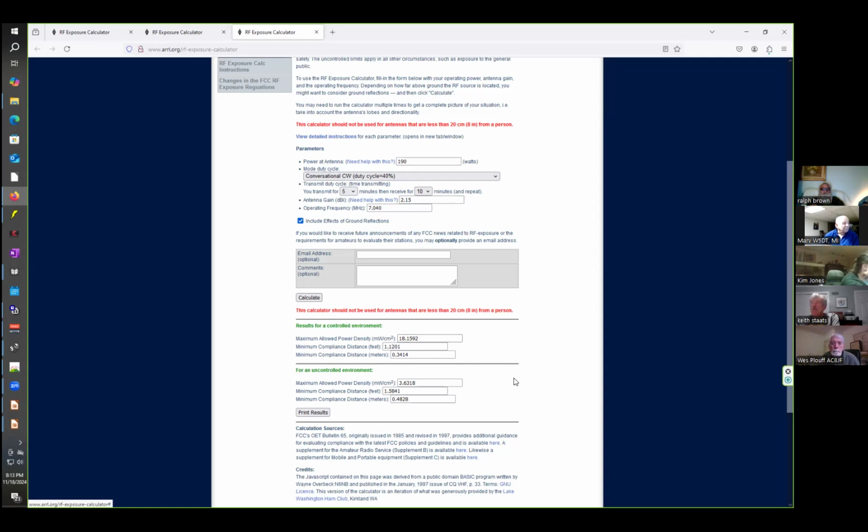So again, for the uncontrolled person, my next door neighbor happening to wander into my backyard, the minimum distance is about 1.5 feet. So again, not a problem.